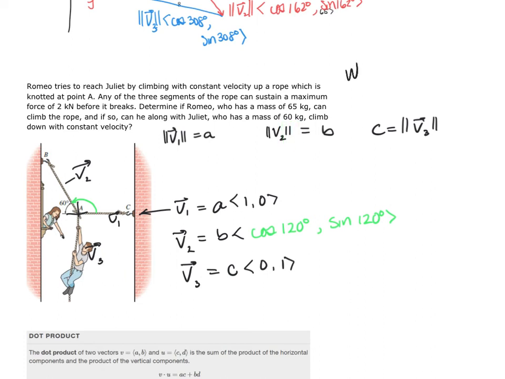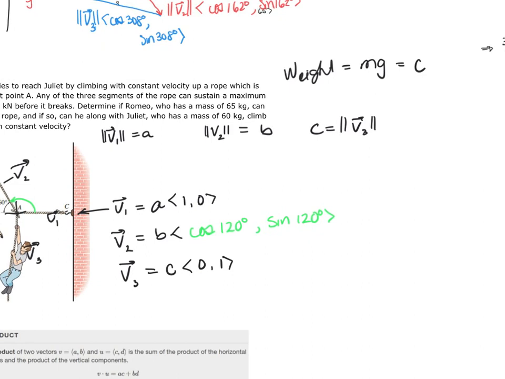So to get their weight, what we need to do is take the mass and multiply it by gravity. This is going to be the magnitude in that direction. That is their weight. Okay, so I have 60 and 65. That gives me 125. I need to multiply it by 9.8 because that is gravity in metric.